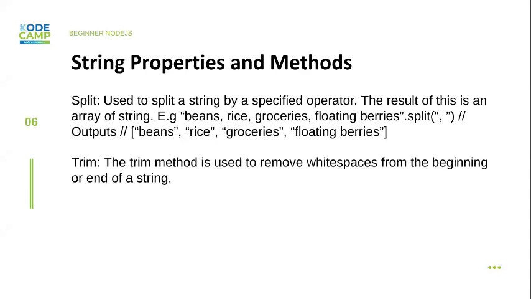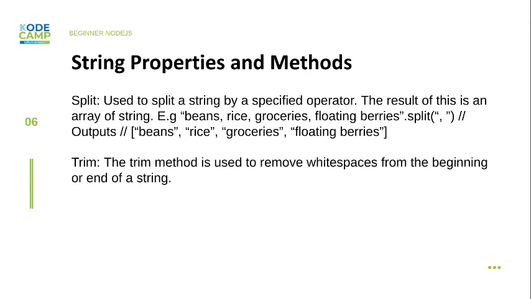Let's say let food items equals rice, using the hash or pound symbol, beans, yam, egg. Let me just say those things.